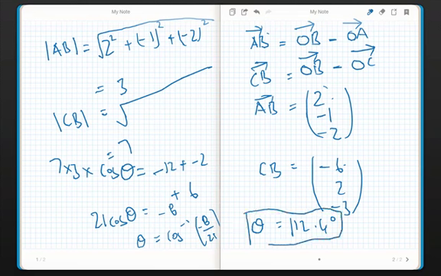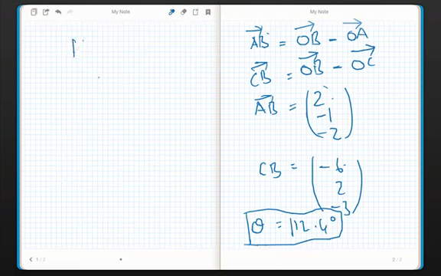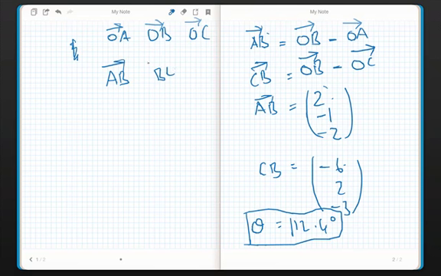Now remember, when you get problems like this, always remember what the dot product formula is. They'll give you at least maximum 3 to 4 vectors. So make sure you take the correct side. Now if you had done this problem taking OA, OB, and OC, and if you had found vector AB, and you had found the vector BC, and you had done the same method, you would have gotten another answer.